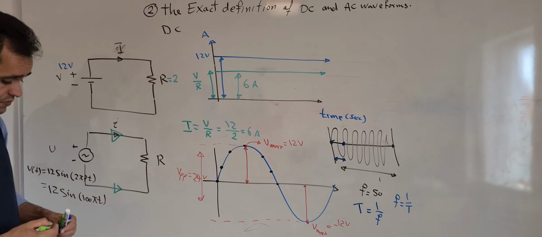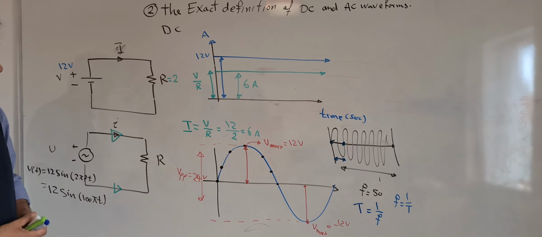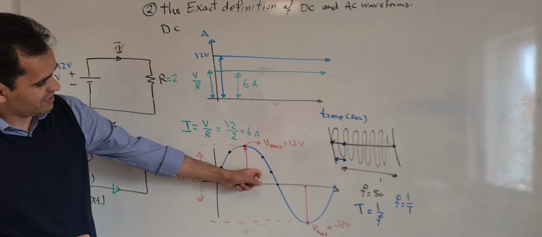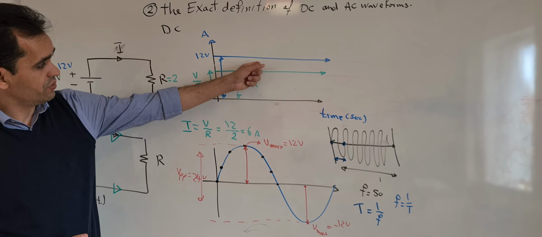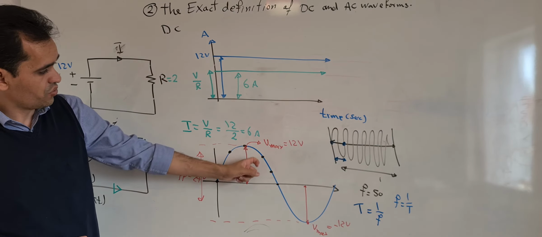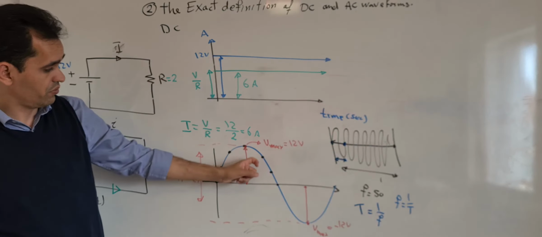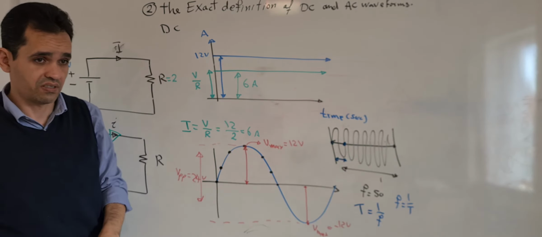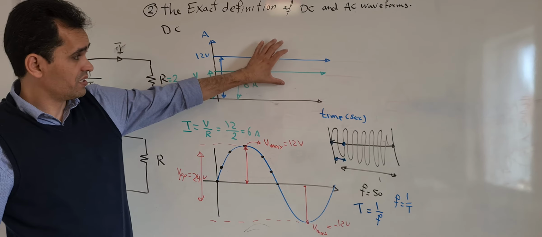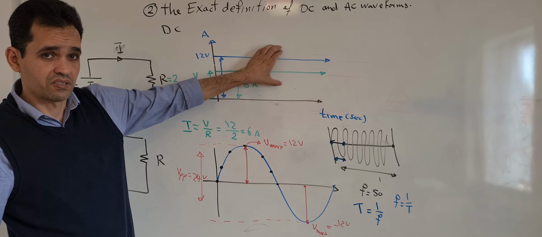Okay. Now the question is, when we compare an AC signal to DC, usually we will not get a pure DC signal. The requirement is that we need a pure DC signal.